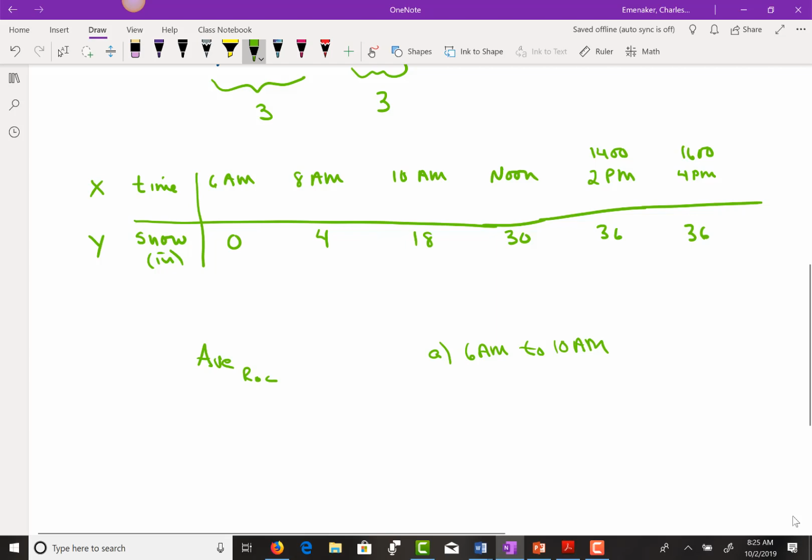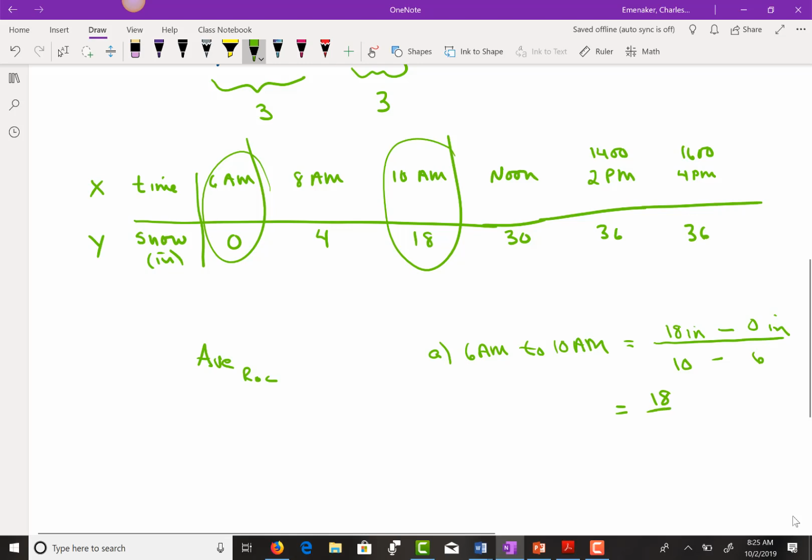Aha! So between 6 a.m. and 10 a.m., I'm going to take the snowfall information at 10, so here's 18 inches at 10 o'clock. At 6 a.m., 0 inches at 6 o'clock.